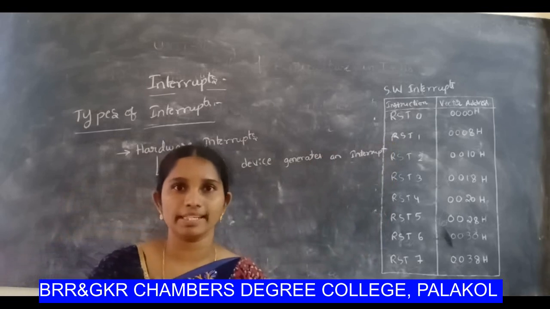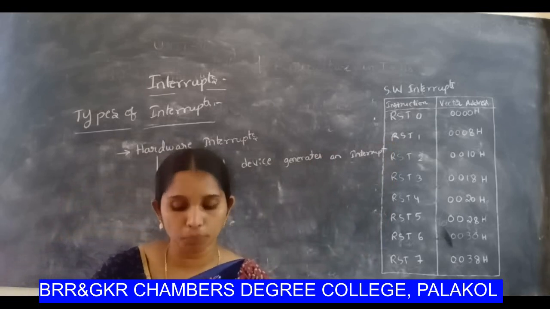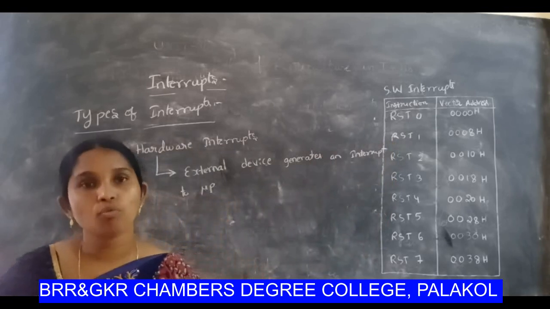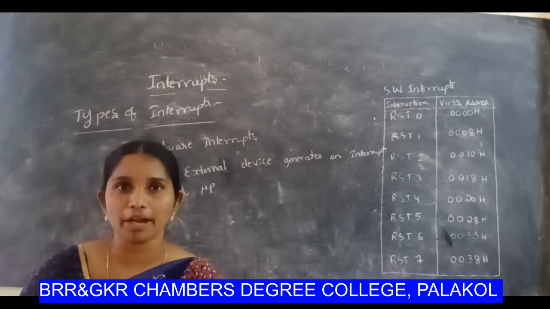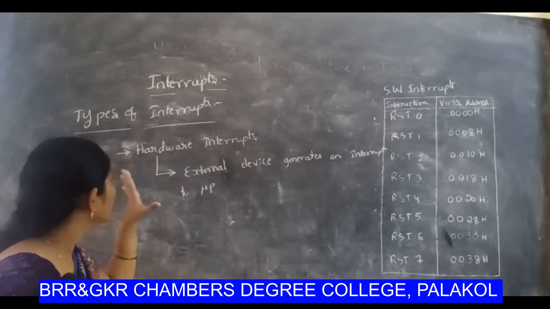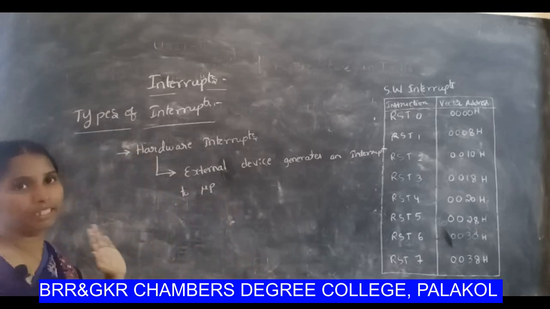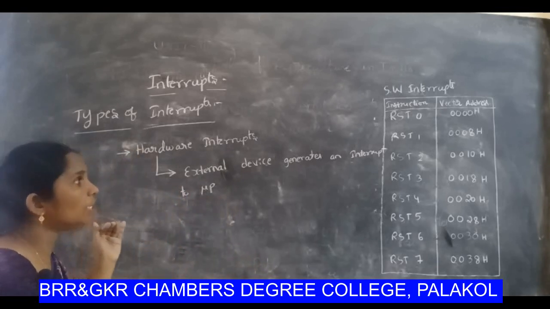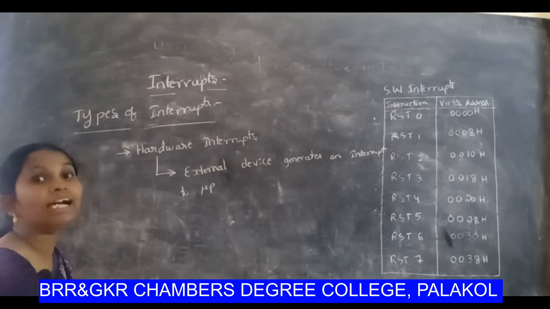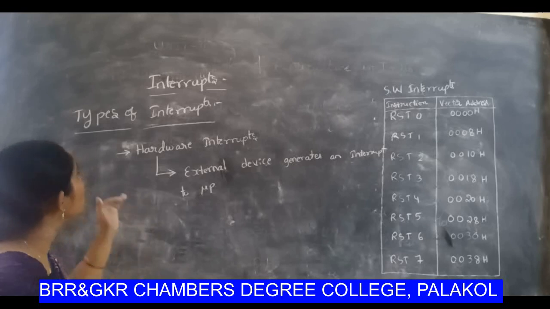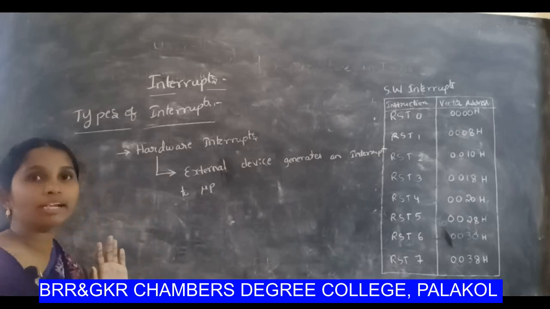The external devices are the peripherals like input devices and output devices connected to the microprocessor. That interrupt is called a hardware interrupt, generated by the system.